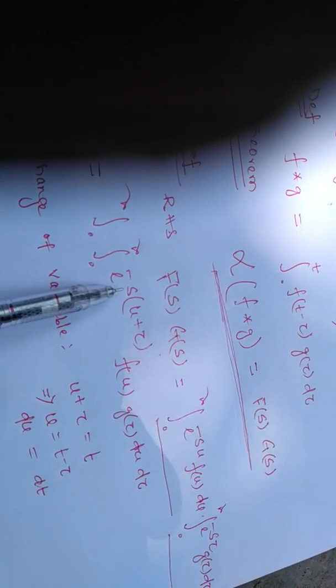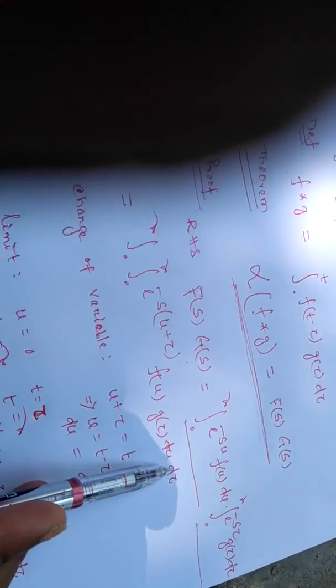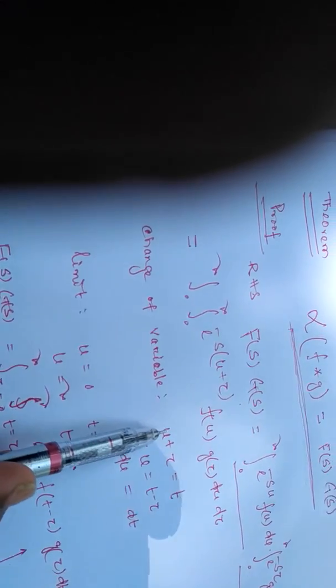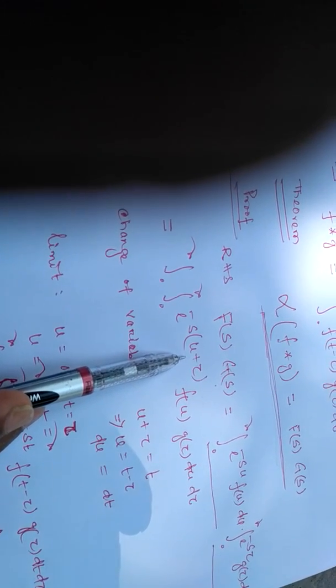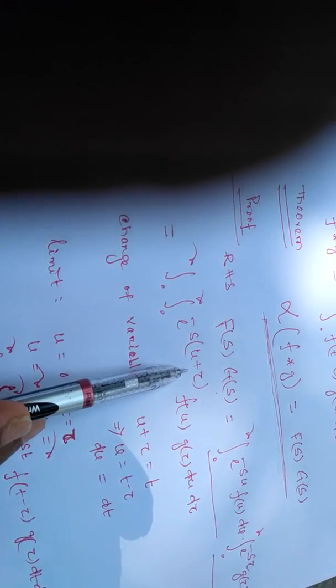So I will proceed to the next step. Here I am collecting the two exponential powers, taking s common and writing u plus tau, with f of u and g of tau as the rest, and du d tau as required. It looks clear that u plus tau should be one variable, as per the relevance of the Laplace transform.